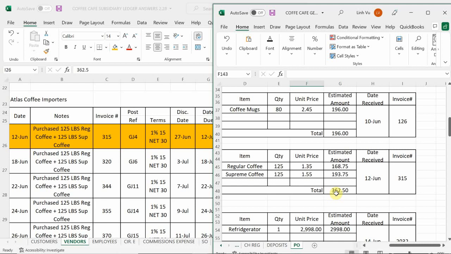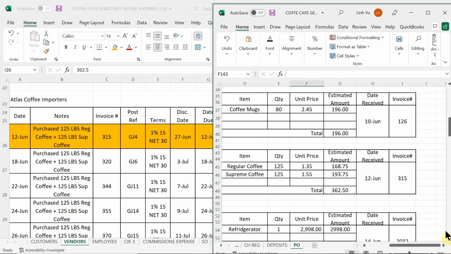So that means I need to list out my regular coffee account and my Supreme coffee account. And since I'm discounting them, it's going to take that value out from the amount that I actually owe, because I'm getting a discount. So I actually have to calculate it.